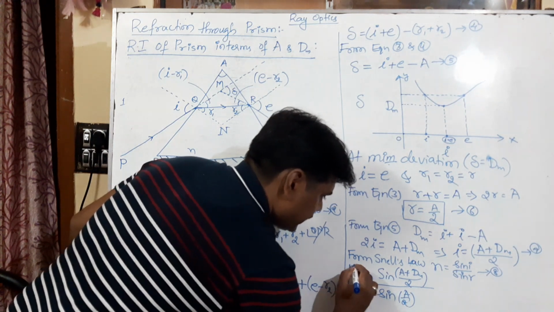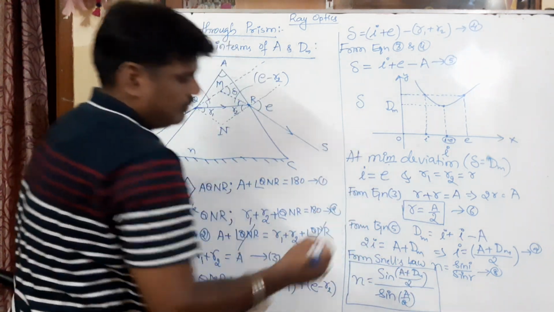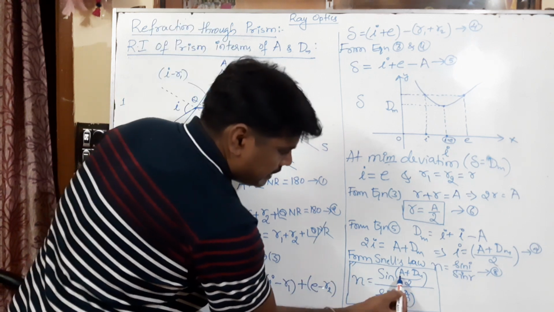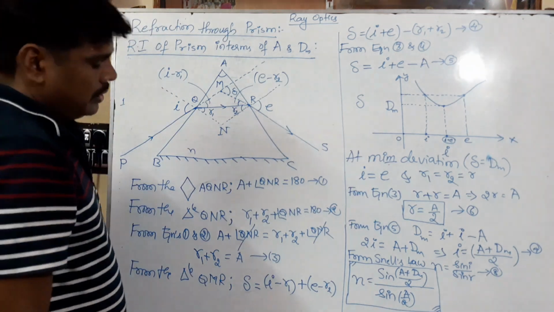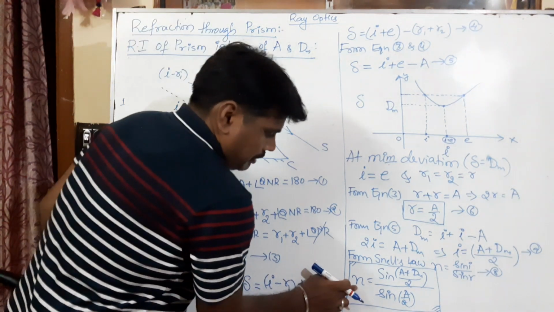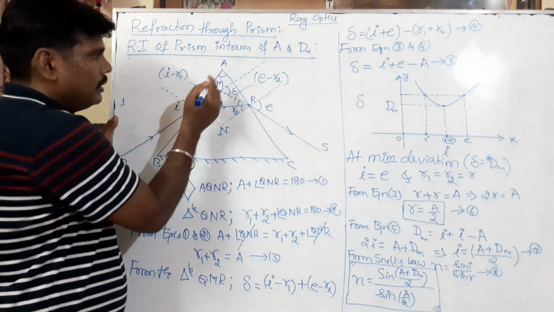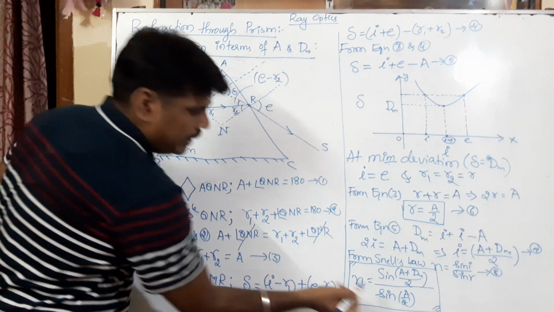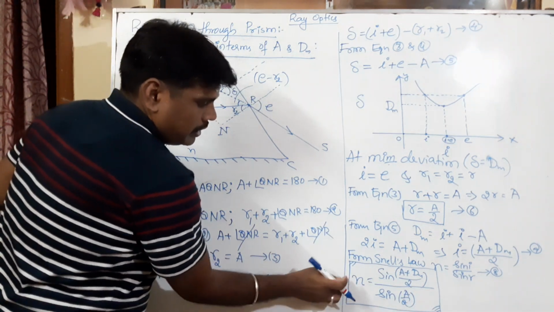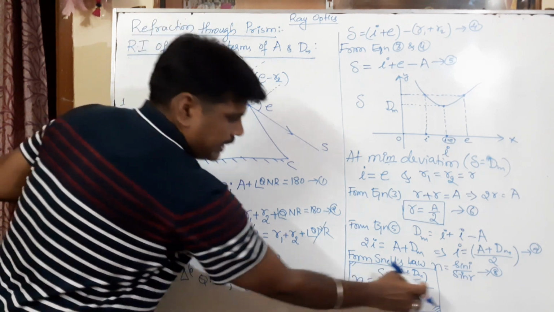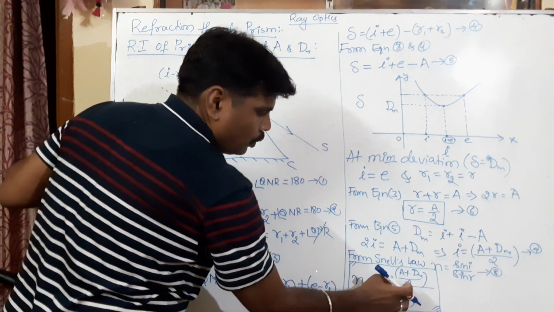So this is the final expression for the refractive index of the prism in terms of the angle of the prism and the angle of minimum deviation. This equation helps to find the refractive index of the prism when the angle of the prism and the angle of minimum deviation are given. So finally we got the refractive index as the ratio of sin of (A plus Dm) whole divided by 2.